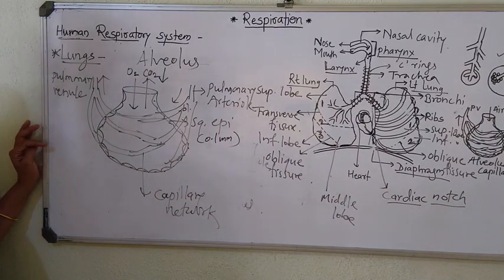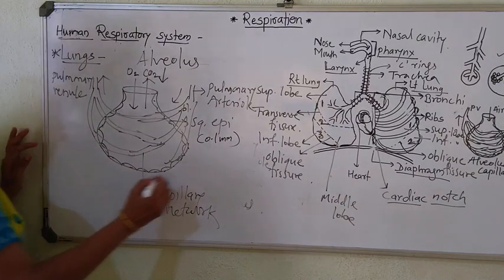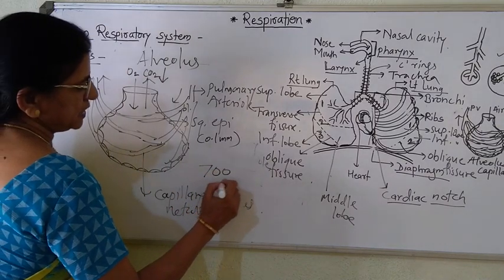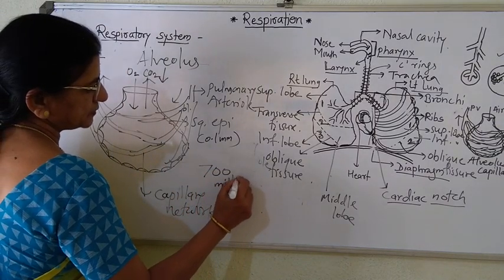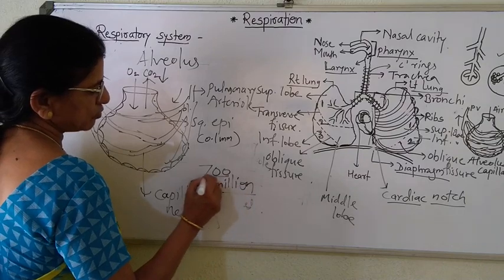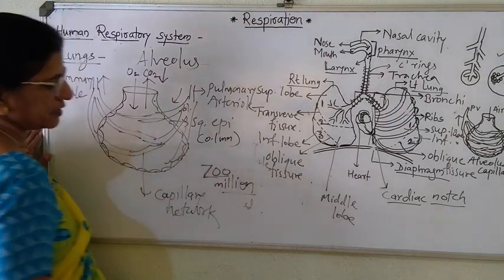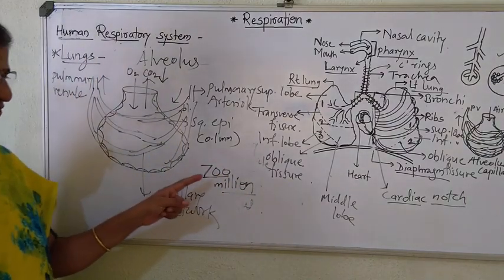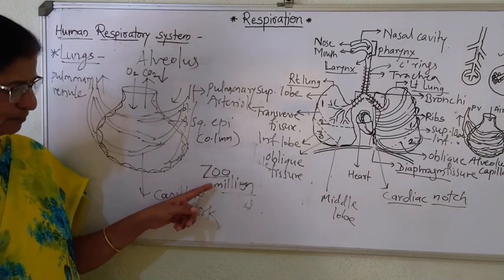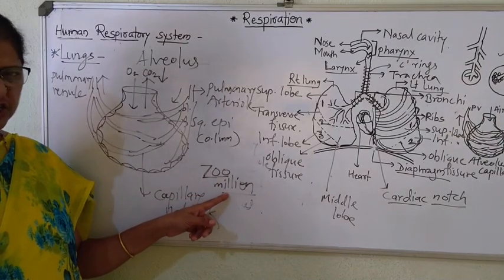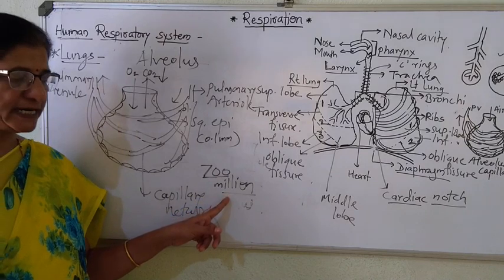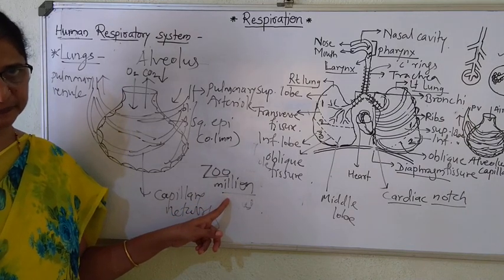Right? Overall, there are 700 million. Remember this figure also. Our textbook gives a figure of 700 million such alveoli present inside the human lungs.